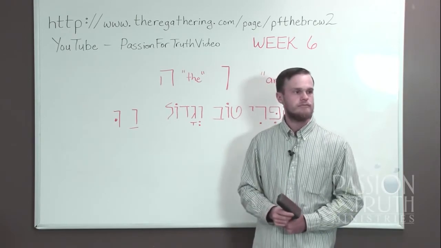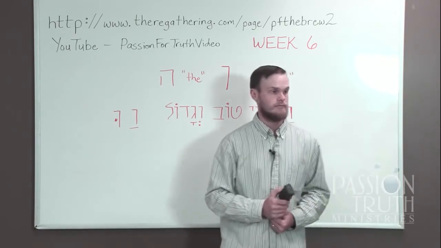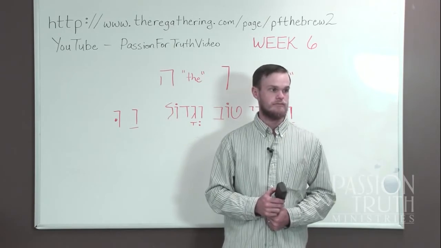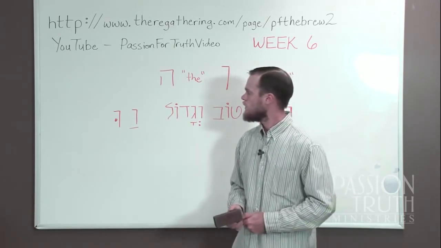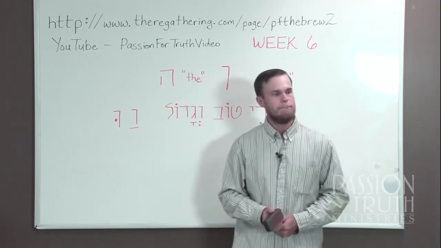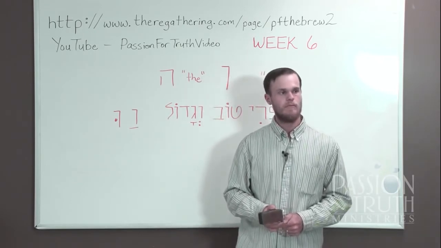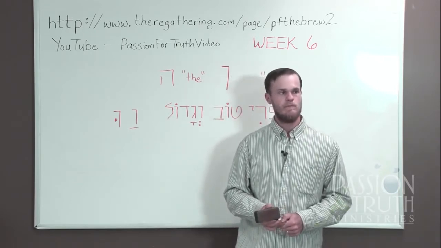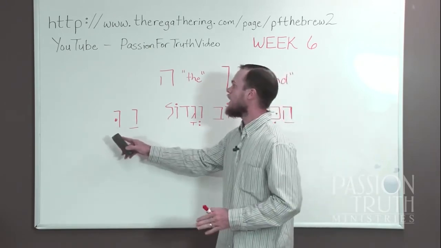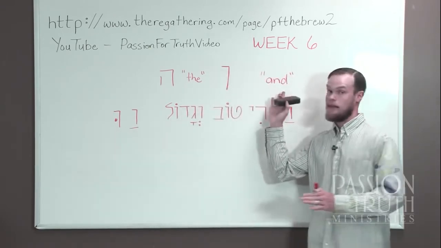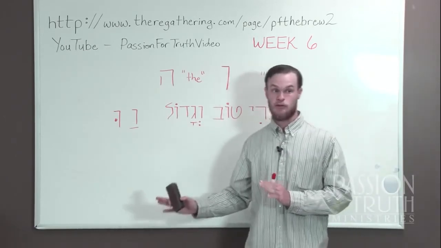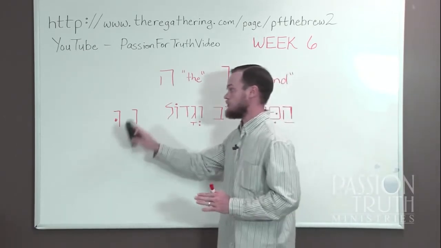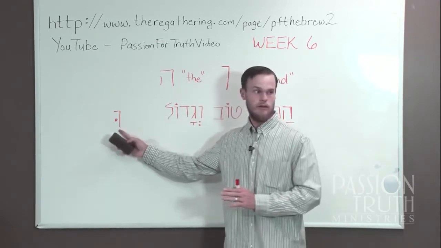Now, a question: when that vav is doubled in construction, will it be a double vav there, or still a single vav? You said sometimes it's like an oo sound, and sometimes it's "and." Well, I'm saying this vav prefix, which means "and," you'll find it with any combination of vowels. You could find it as a shva, or just as a shuruk.